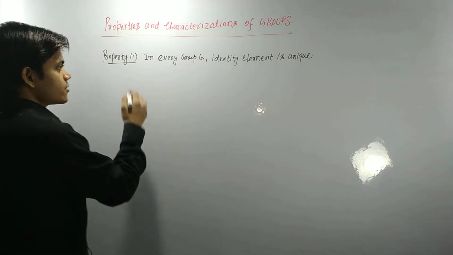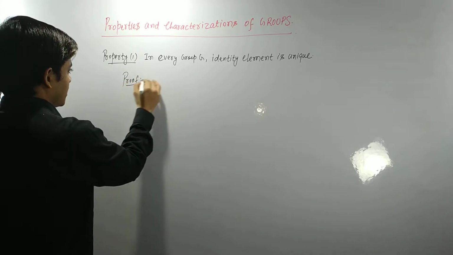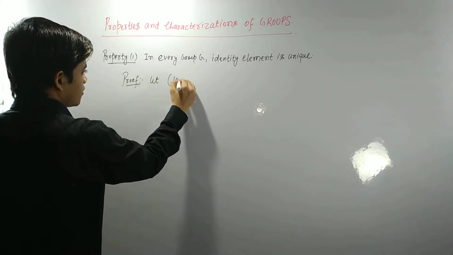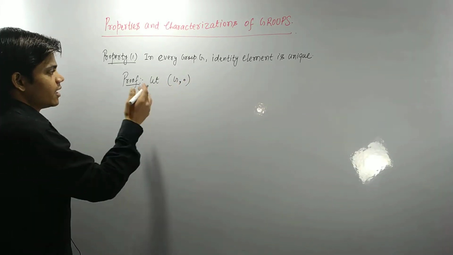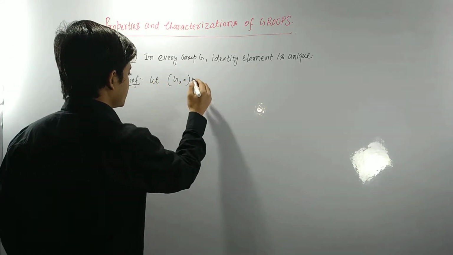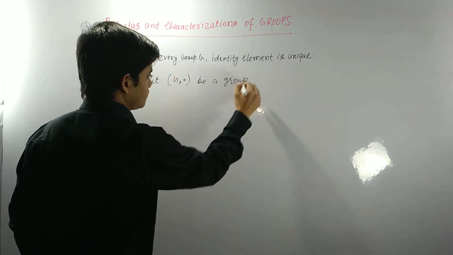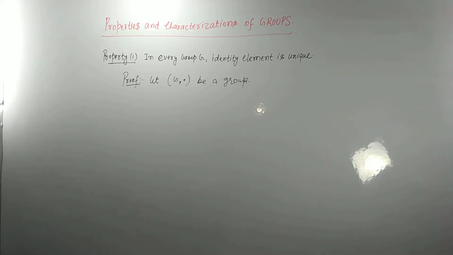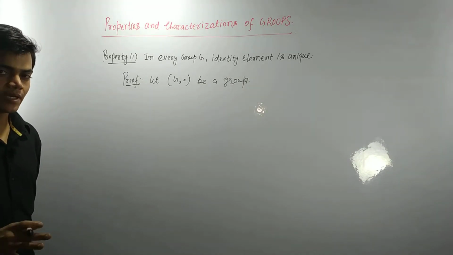Okay. So to prove it, let G be a group, and take any binary operation, take multiplication as the binary operation. Let G with respect to multiplication be a group. We have to prove that this group has a unique identity element.